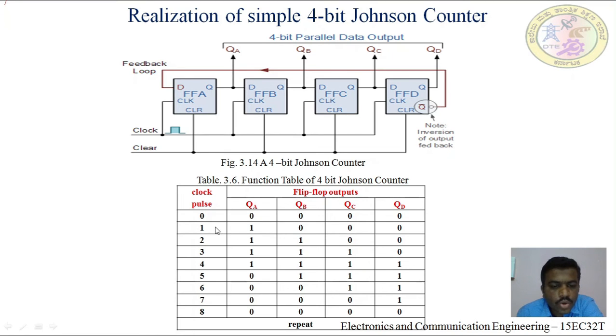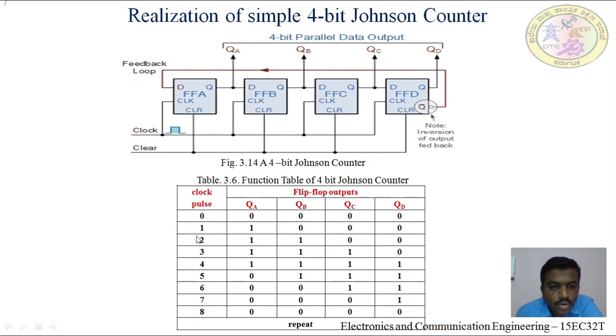When the first clock pulse is applied, the output of the first flip-flop, that is QA, is now set, and the outputs of the remaining flip-flops, that is QB, QC, and QD, are still reset, but the output QD bar is now set. This is again connected back to the data input of the first flip-flop.